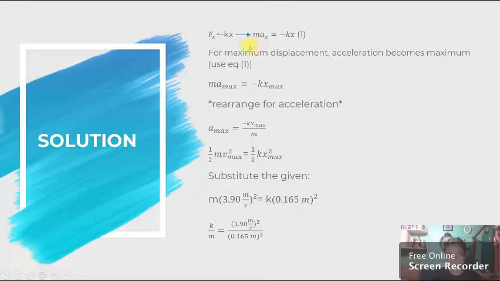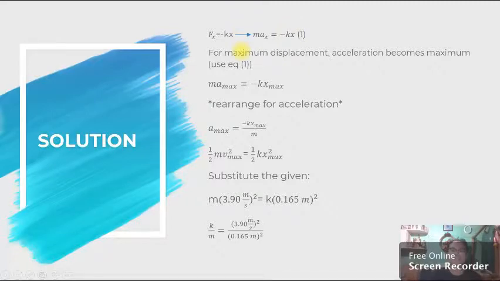Here, m is the mass of the object, a sub x is the acceleration, k is the spring constant, and x is the displacement.